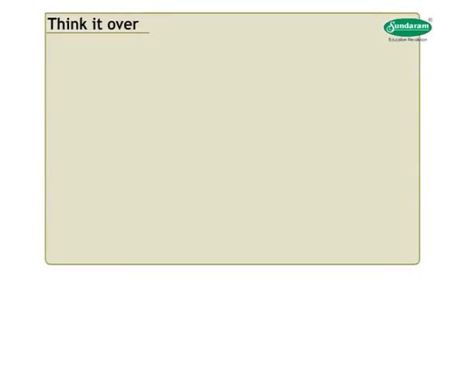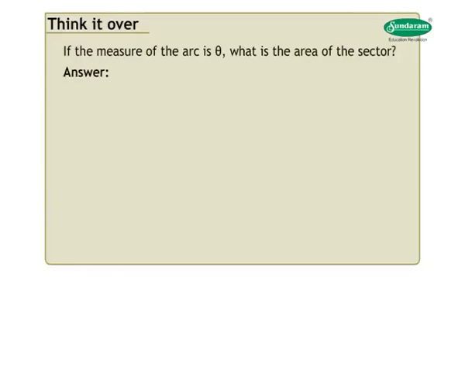Think it over. If the measure of the arc is theta, what is the area of the sector? Answer. Area of the sector A is equal to theta upon 360 into pi into r square.